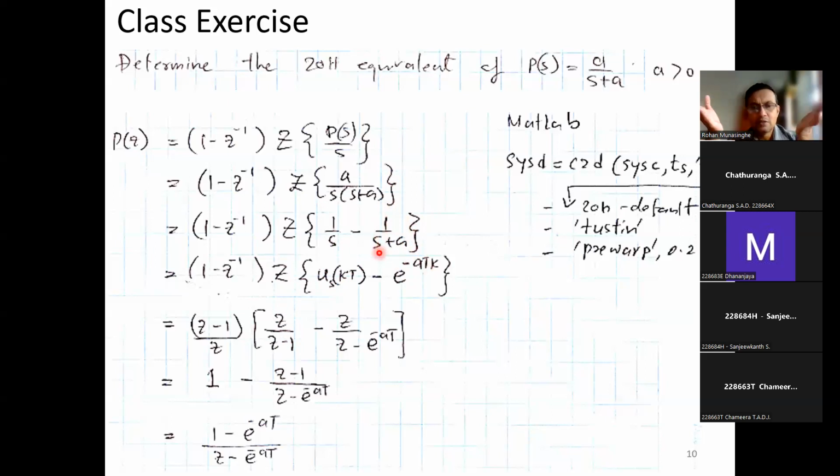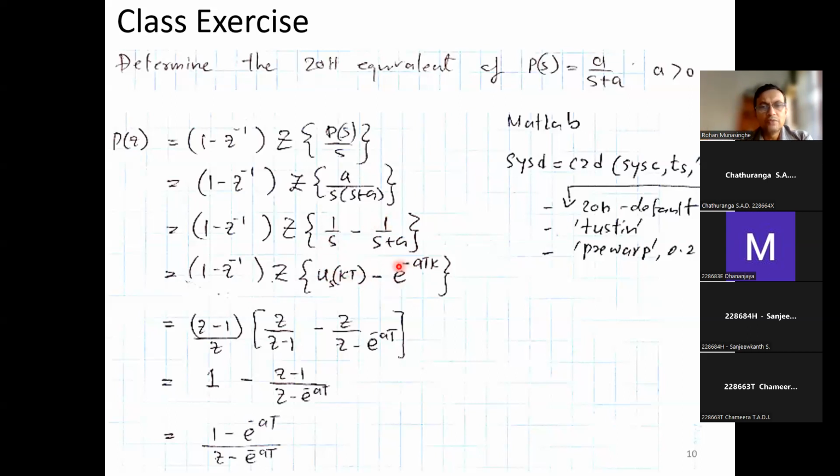Anybody who knows Laplace, when they see 1/(s+a), knows the time function is e to the minus at. Now, if t is not continuous, you can't write t, you have to write it as kT. Then you replace t with kT, just that. This way you get the Laplace, mentally work it out into continuous time domain, and then change t to kT.